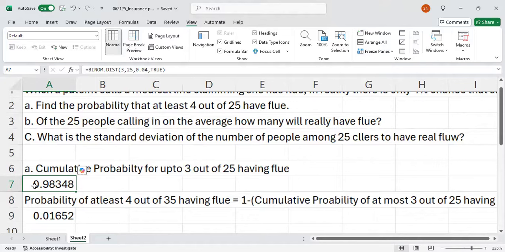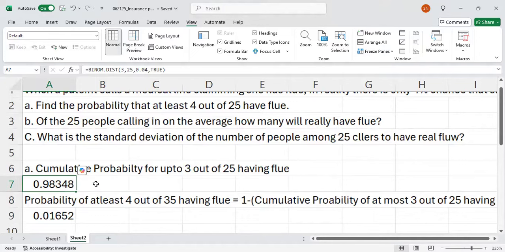The total number of trials is 25. The probability of success is 0.04, that is the third argument. And TRUE. Again, like the normal distribution, we have to say TRUE. That means we want to calculate the cumulative. Cumulative comes from the word accumulate. We are adding 0, 1, 2, and 3. Make sure you write TRUE so that you add up the probability from 0, 1, 2, and 3.